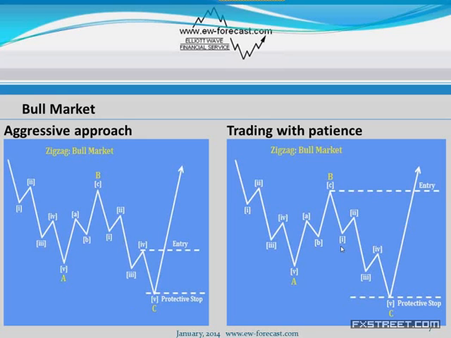Trading with patience is more advisable, since if you go over wave B highs, there is much more probability the market turns bullish and that this entry has more chance to be in your desired direction.